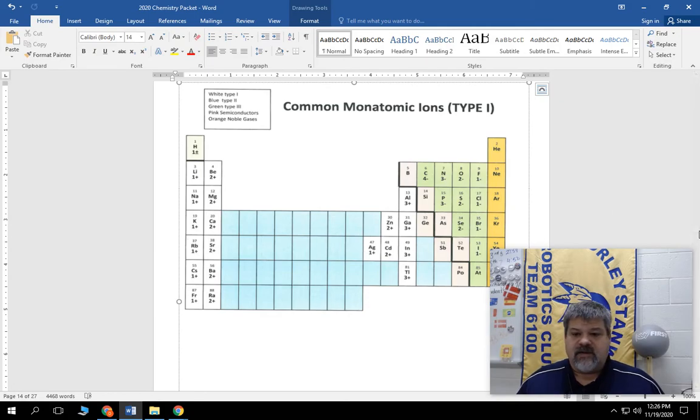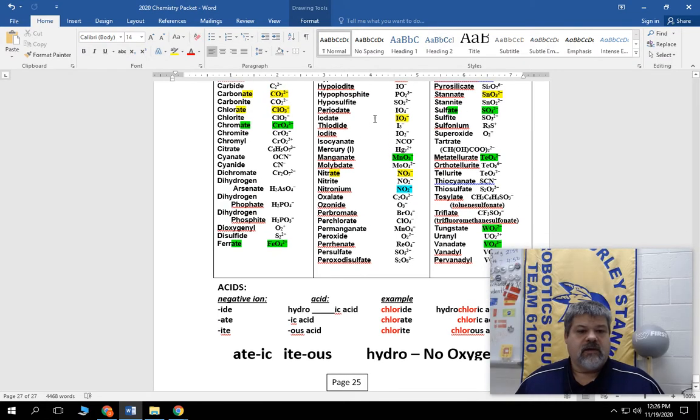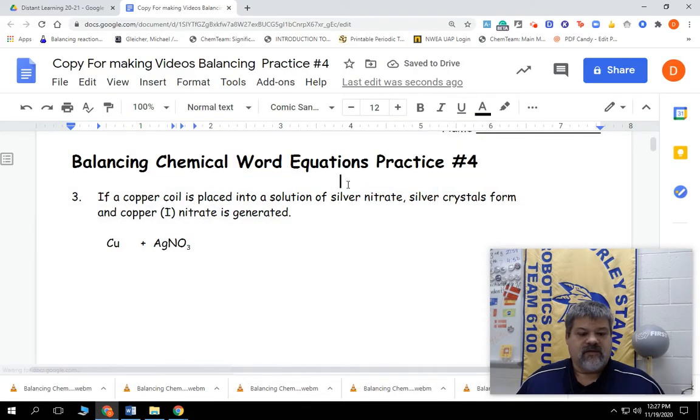Our nitrate is going to be on that very last page. Here we go, there's nitrate. It's NO3, and it's a -1. So let's put those numbers in here. Silver was a +1, nitrate is a -1. Hey, they cancel each other out, so we don't have to crisscross or anything else. We only need one of each one. So that is the correct formula for that.